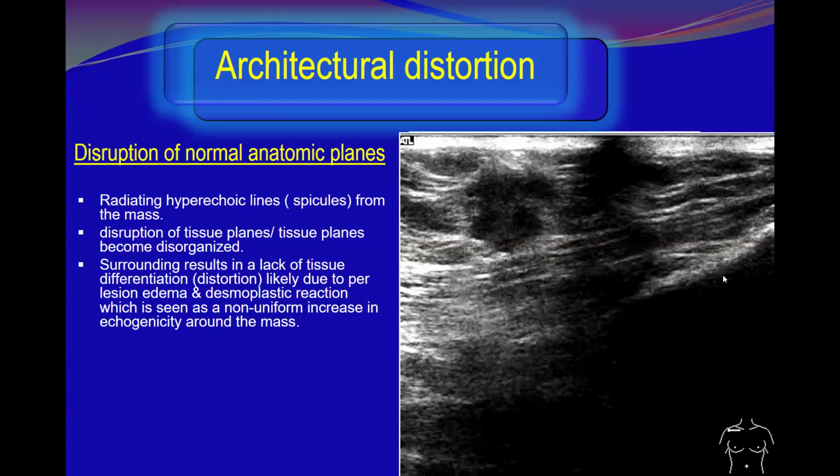Okay, demonstrate this irregular hypoechoic mass with radiating hyperechoic lines or spicules. Look for these hyperechoic lines because the surrounding area is fat, and disruption of tissue plane. Can you see the disruption in the tissue plane here?